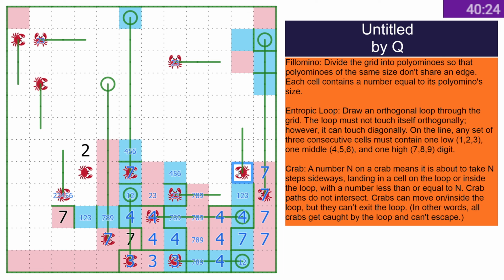Yeah, so if that was blue, that would be a 7. Part of this 7's. This crab would move all the way up. So same reasoning, this cell would be blue. Be 4, 5, or 6.